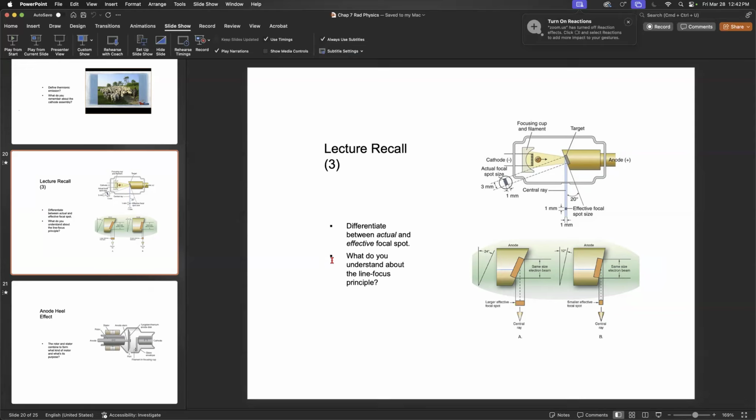Just to be clear, once there's a bombardment of the electrons onto the anode, we now have X-rays. So that's the conversion right there. So you meant the X-ray photons that are projected down. Yeah, that's what I meant. Okay, cool. How does the anode beveled edge angle, or the angle of the anode, impact the effective focal spot?